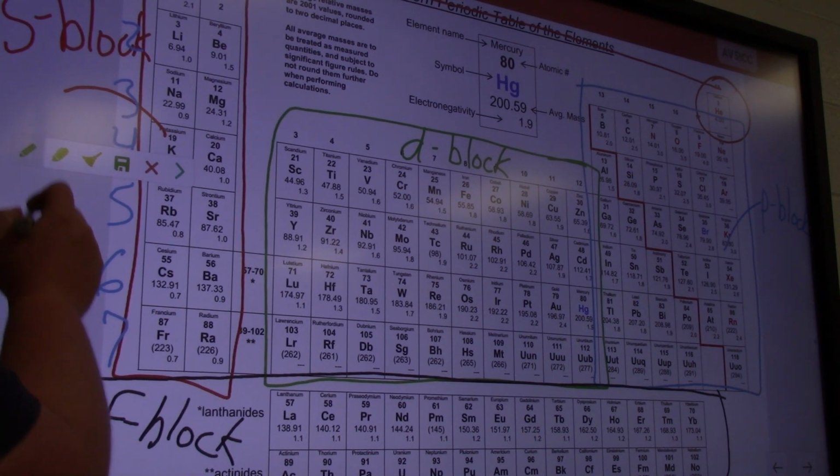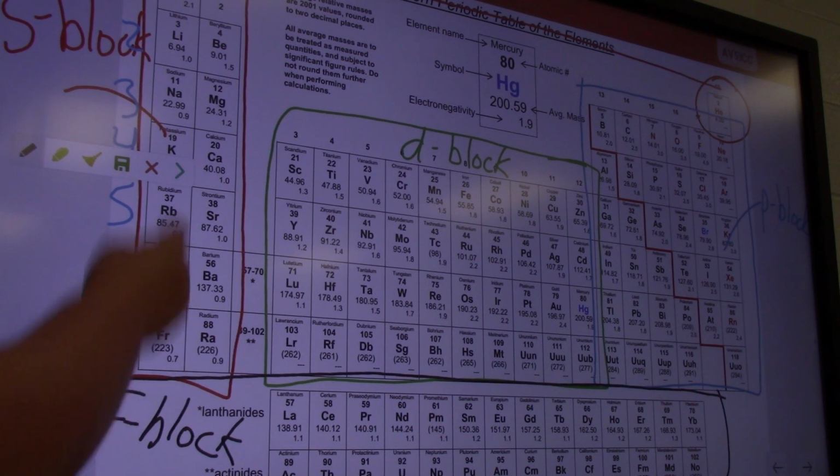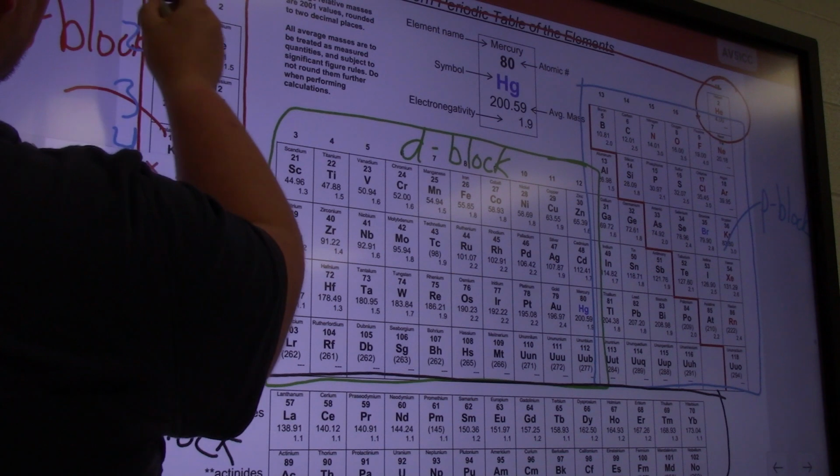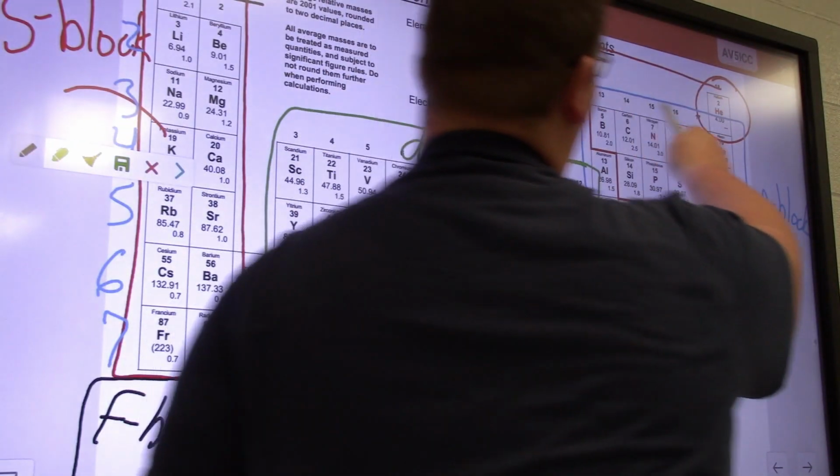Now, let's start it out. We follow the atomic numbers. So I start here at 1. I go through. What row am I? 1. The first row. What block? S. So 1S. Is there anything else up here to run through?